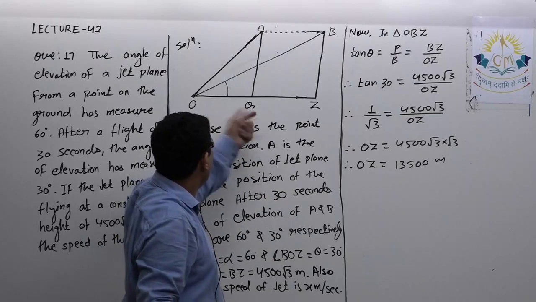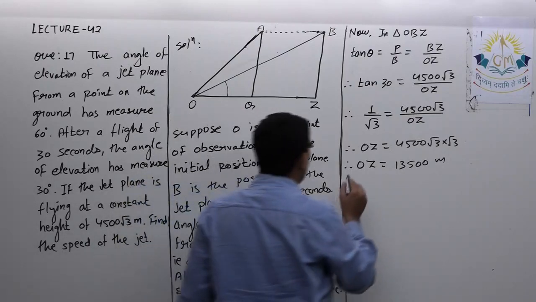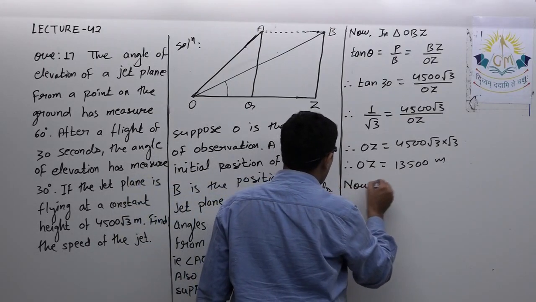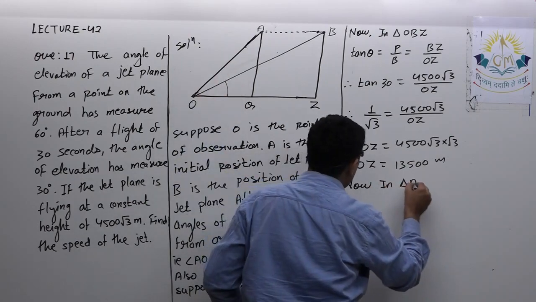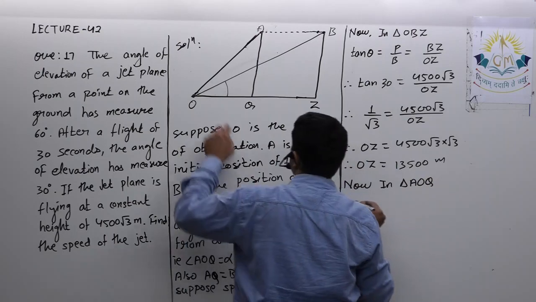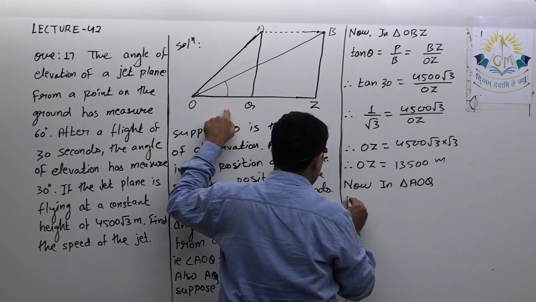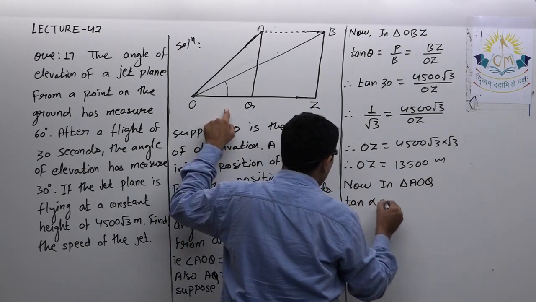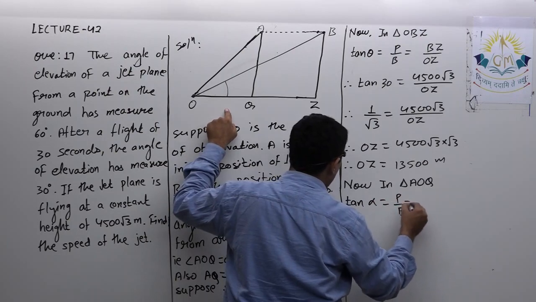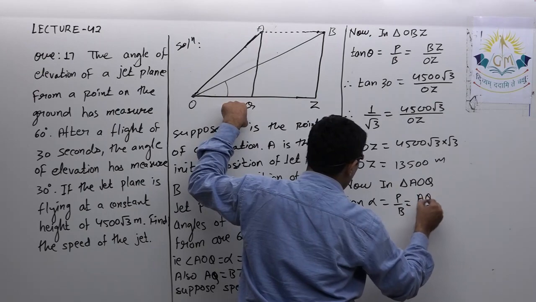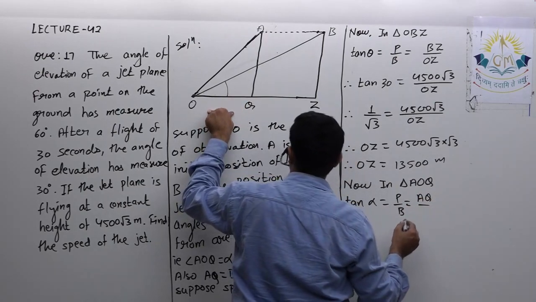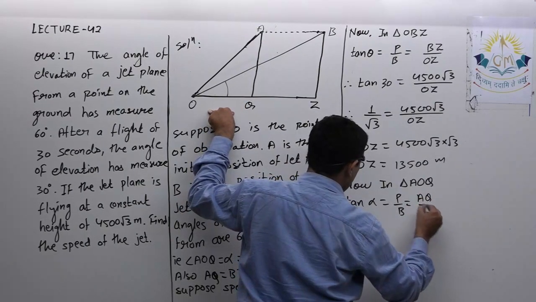Now after getting OZ, now we'll find OQ. So now in triangle AOQ, again tan of alpha is equal to perpendicular upon base. For triangle AOQ, perpendicular is AQ, base is OQ.